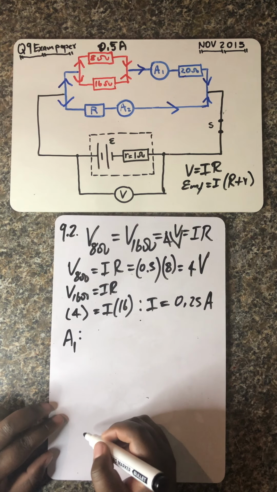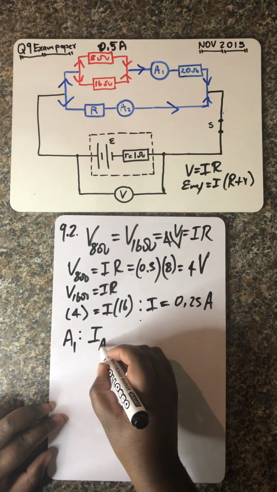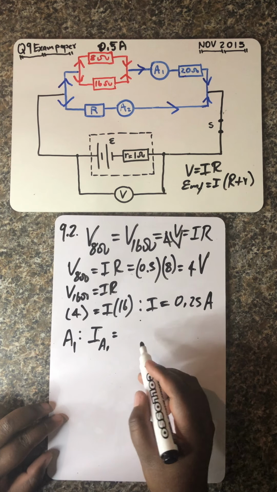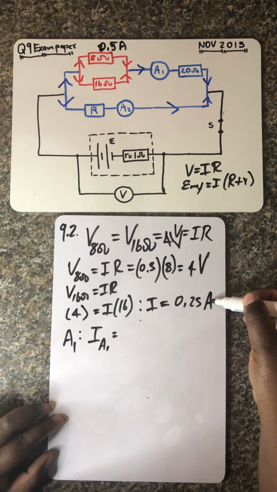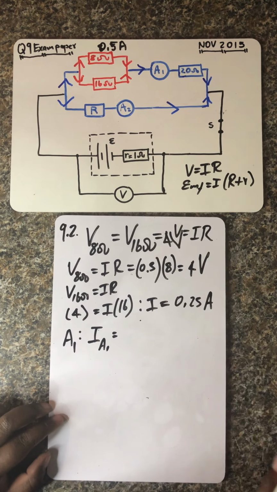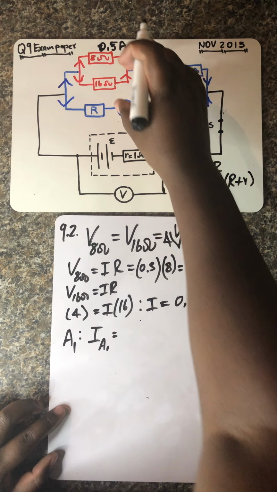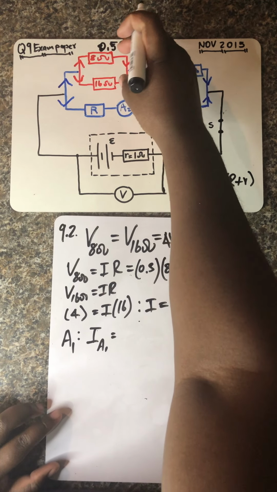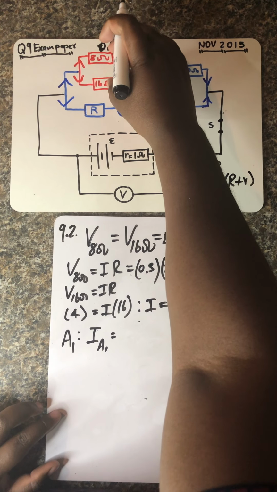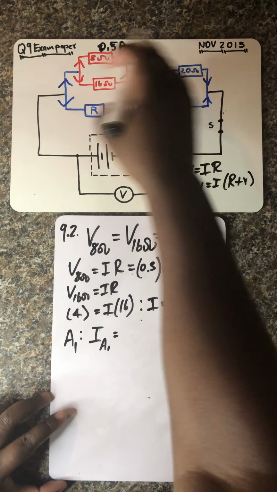Okay, the reading on ammeter 1, which is the current on ammeter 1, is equal to the current flowing through the 16 ohms resistor plus the current flowing through the 0.5 ohms resistor. It's actually the total current flowing through that parallel connection, or that branch of the parallel connection.